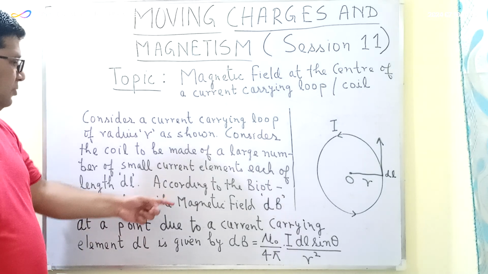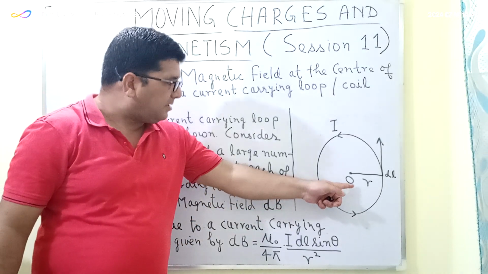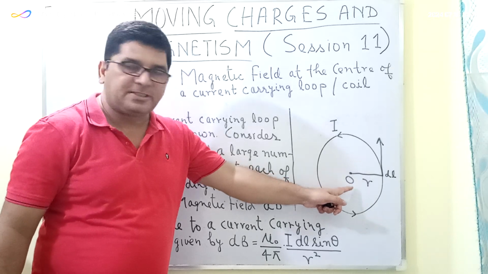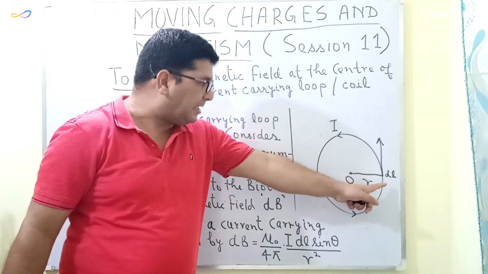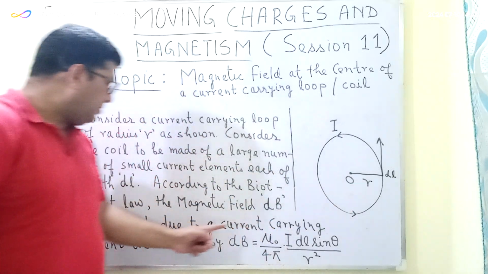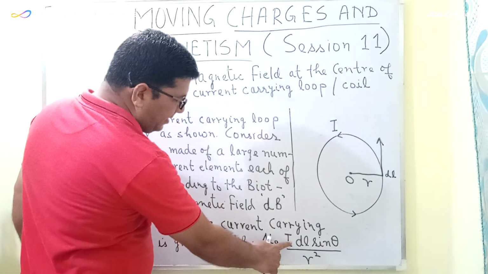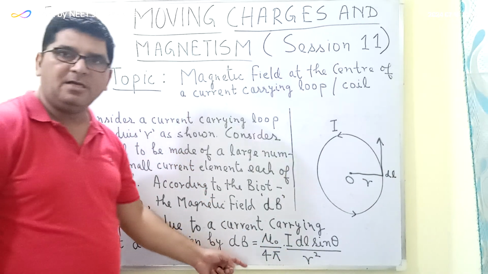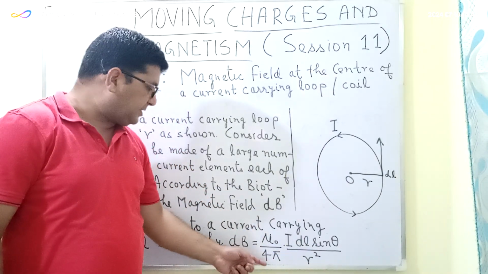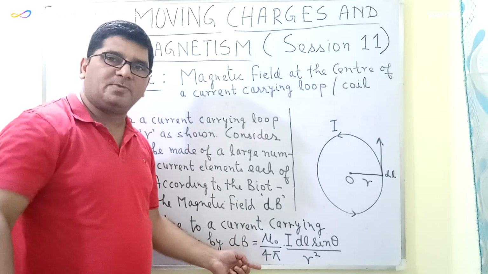According to the Biot-Savart law, the magnetic field at this point, that is the center of this loop, due to this very small current carrying element will be equal to mu naught upon 4 pi, I dl sine theta upon r square. This is the Biot-Savart law, the formula which all of you must be knowing.